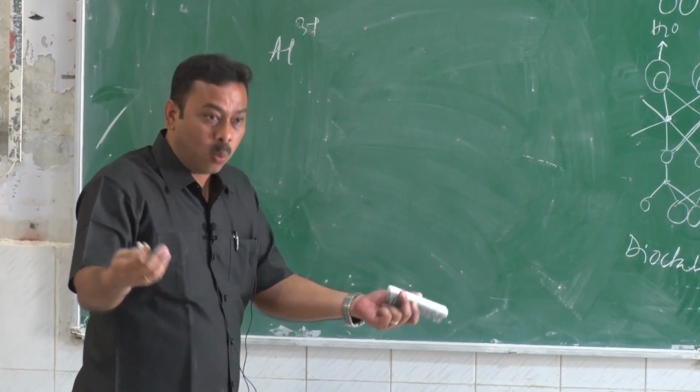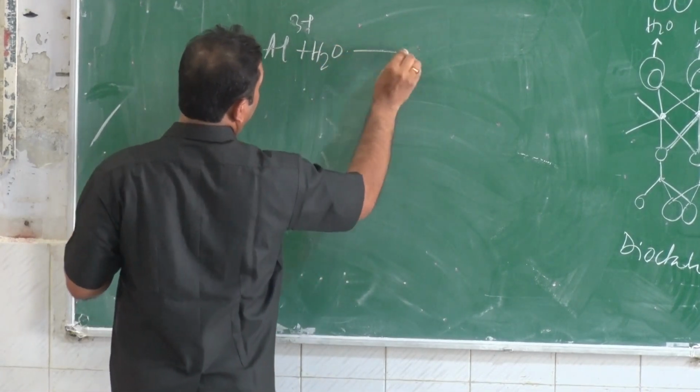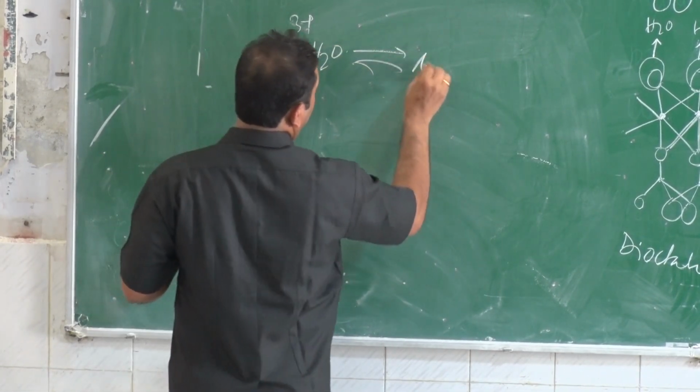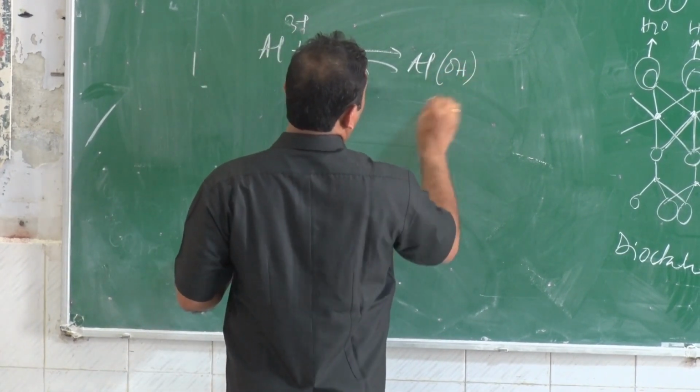Hydrogen ion, that means what is there? If it reacts with water, what will happen? First, say, what are the products?